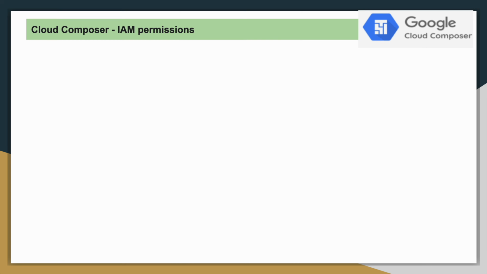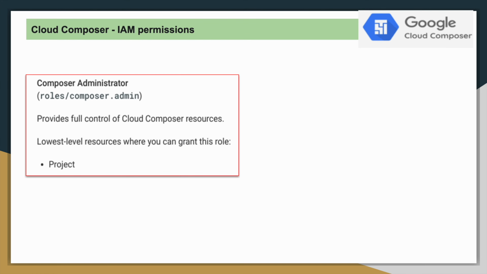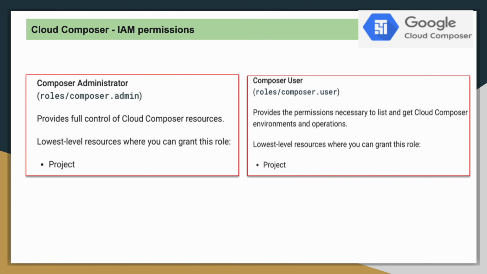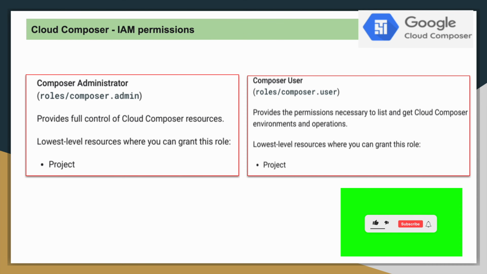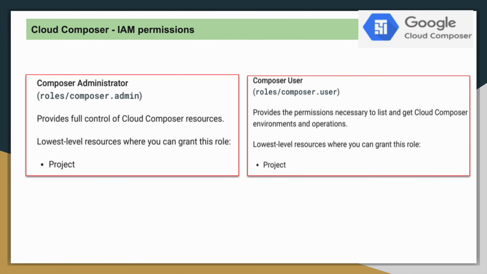Now, coming to the IAM permissions required. I'll talk about IAM permissions from the user perspective. Composer needs many IAM permissions related to the environment and service account, but we'll see the important user permissions required to work with Google Cloud Composer.